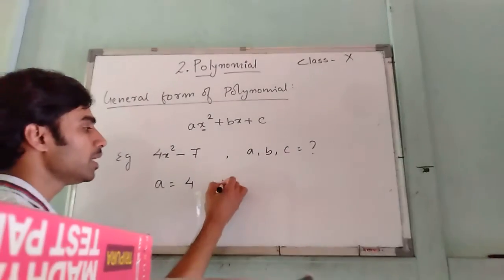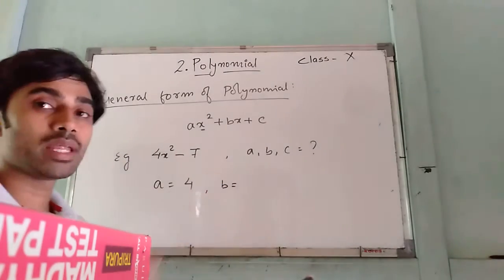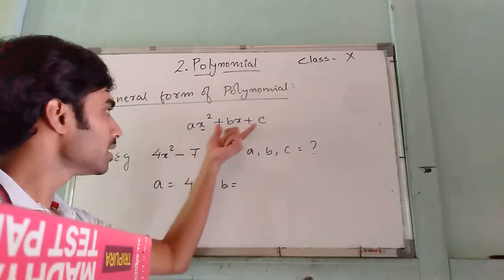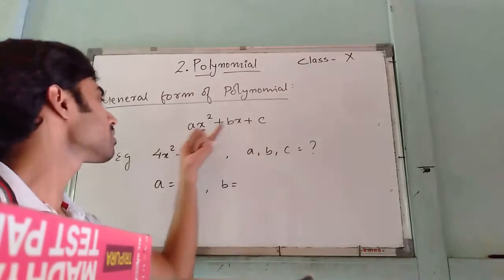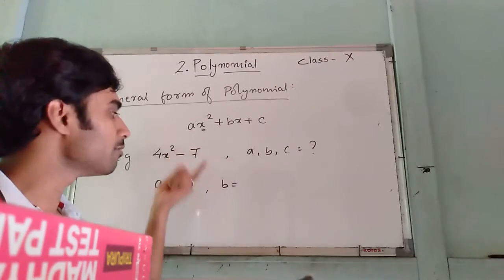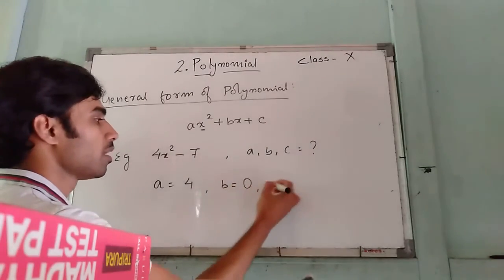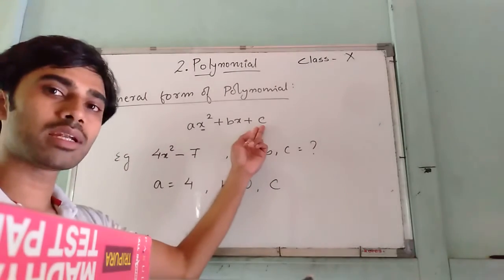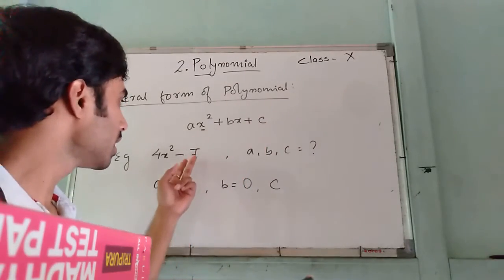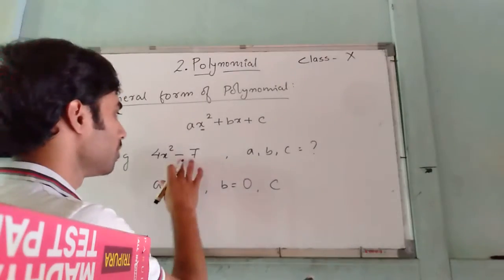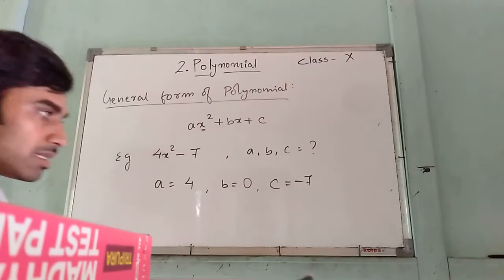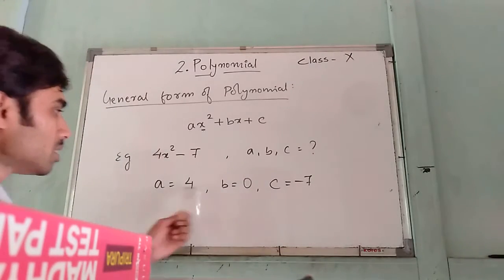For the value of b, you have to find the second term, which contains x. Here there is no term containing x. It means the value of b is 0. And the value of c means the constant term. Constant means which does not have any variable. So here the term which does not have any variable is minus 7. Keep in mind this part, this is minus 7, so we have to mention the sign also.